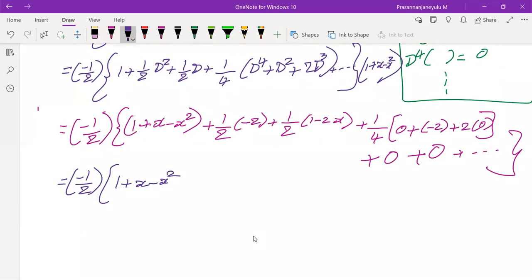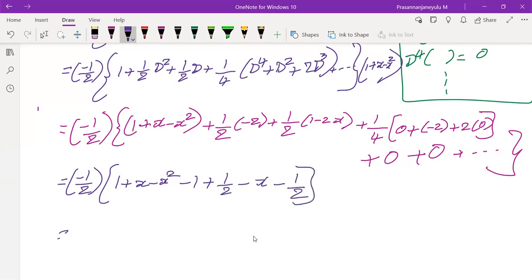Minus, 2 into 2 gets cancelled, we'll get minus 1 plus 1 by 2 minus 2x by 2 becomes minus x, plus 1 by 4 into minus 2, it becomes minus 1 by 2. Any other terms, all the remaining terms are zeros.